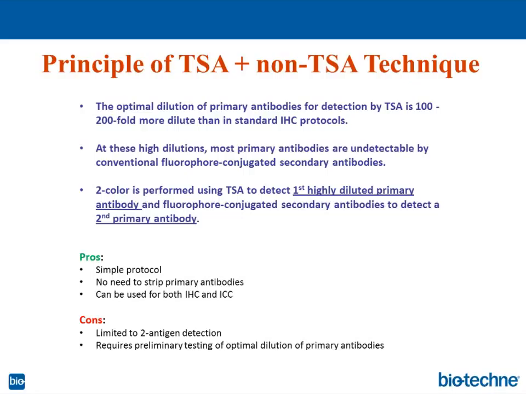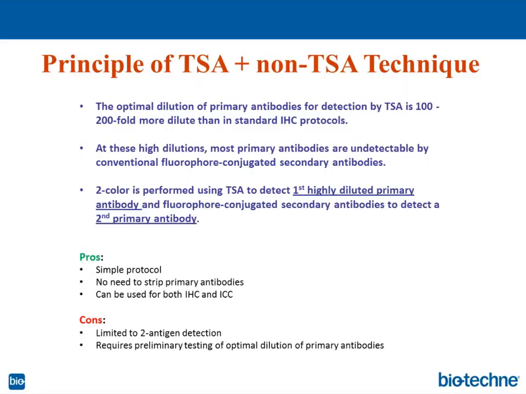At these high dilutions, most primary antibodies are undetectable by conventional fluorophore conjugated secondary antibodies. And two-color is performed by using first TSA to detect first highly diluted primary antibody and fluorophore conjugated secondary antibodies to detect second primary antibody at their normal dilution.